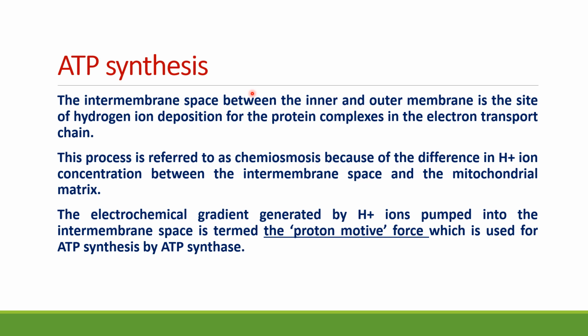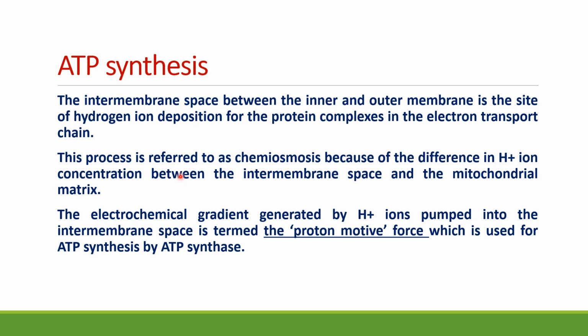Here, as NADH and FADH2 donate the electrons, and as the electrons move along complexes 1, 2, 3, 4 in the inner mitochondrial membrane, hydrogen ion deposition takes place in the intermembrane space.